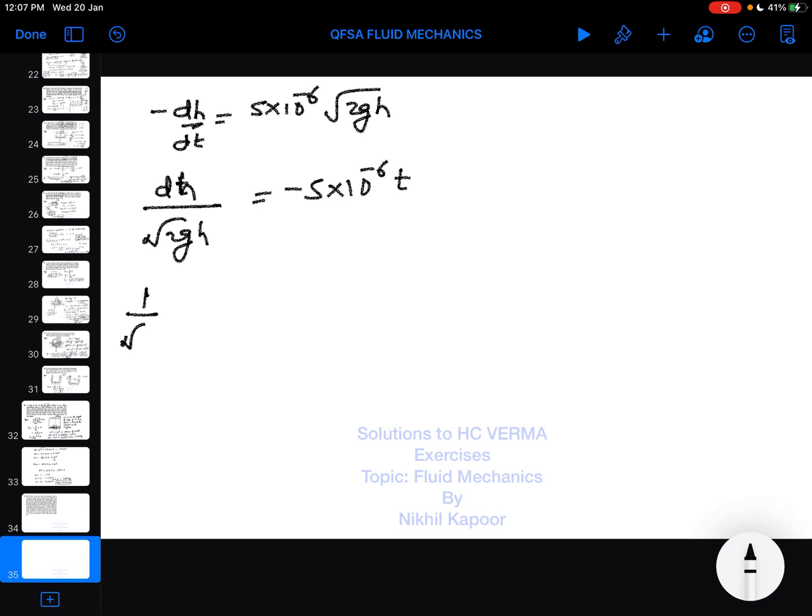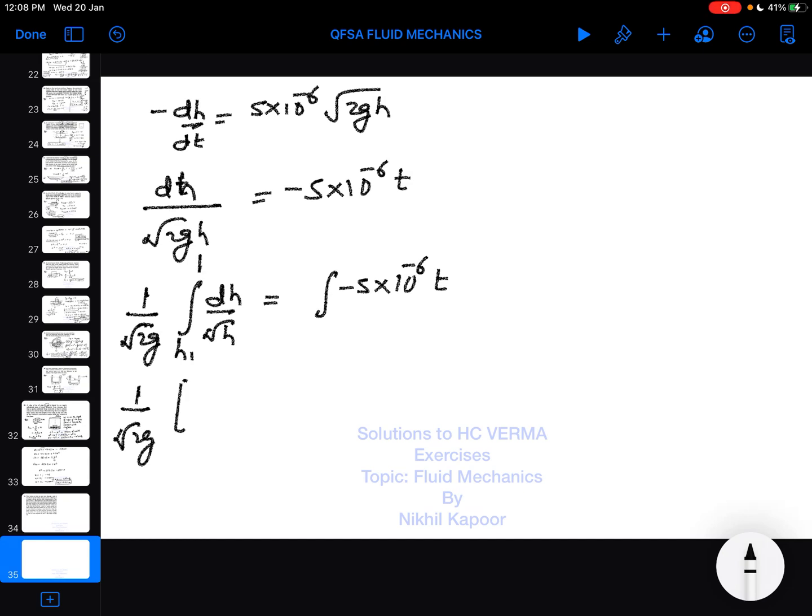So 1 upon root 2g can be taken outside, and on integrating, dh upon root h equals 5 into 10 to the power minus 6 into t. So 1 upon under root g, while the integration of root h, say the height of water changing from h1 to h2, will be h raised to 1 by 2 upon 1 by 2. Limit varies from h1 to h2.